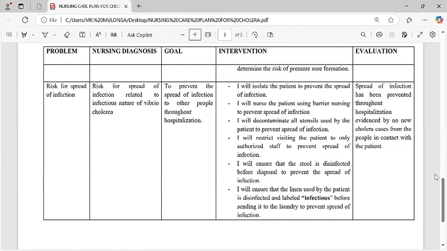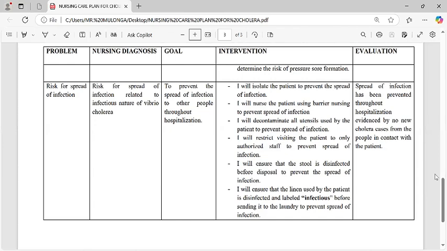So here our evaluation is that there is no spread of infection. Spread of infection has been prevented throughout hospitalization, evidenced by no cholera cases from the people in contact with the patient.